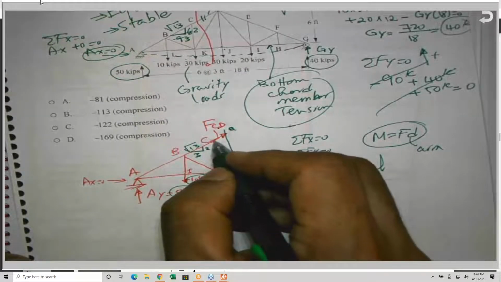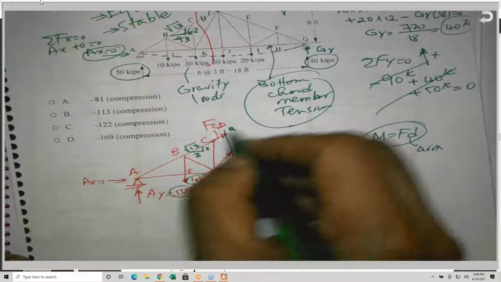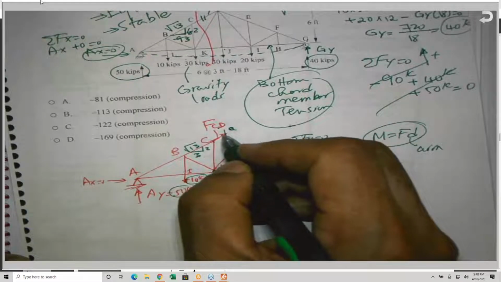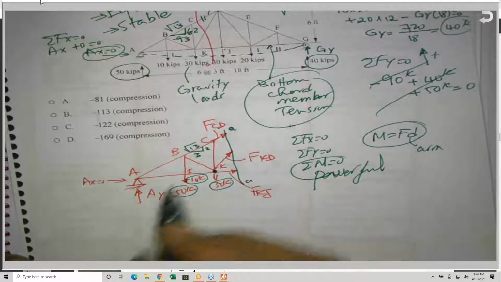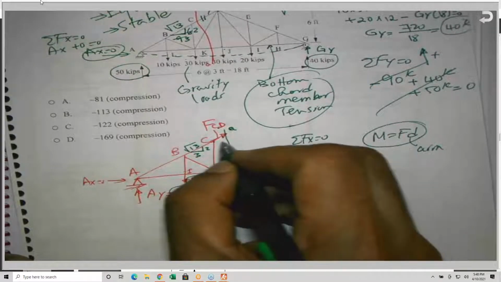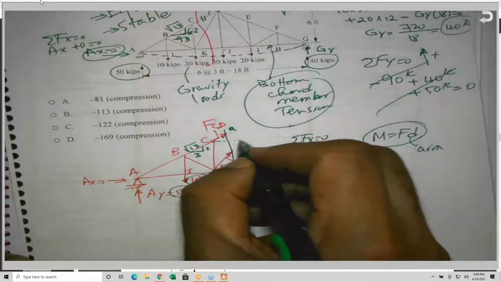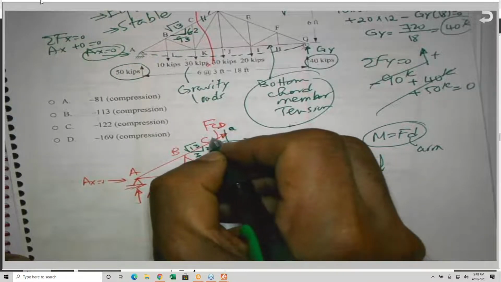So this member here has a force FCD. I need to sum moment here. The easiest way is to resolve this force into two components, one in the X direction and one in the Y direction.